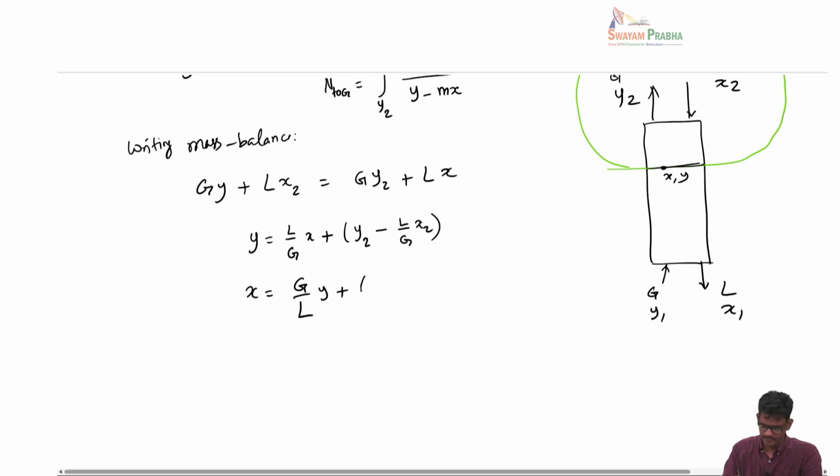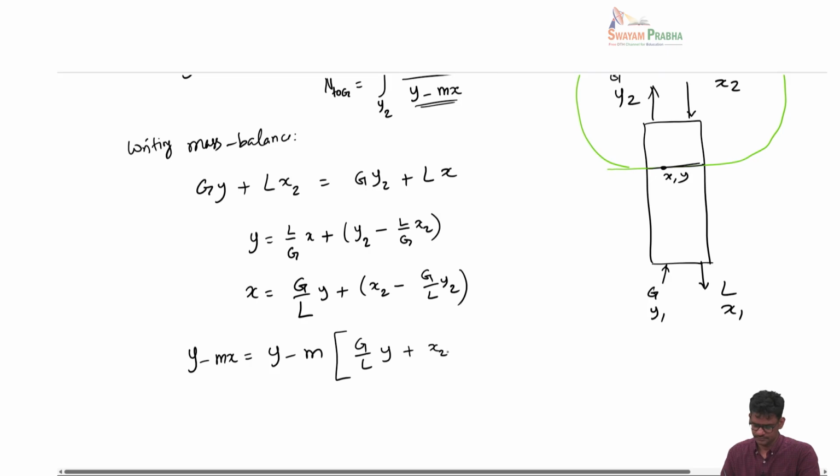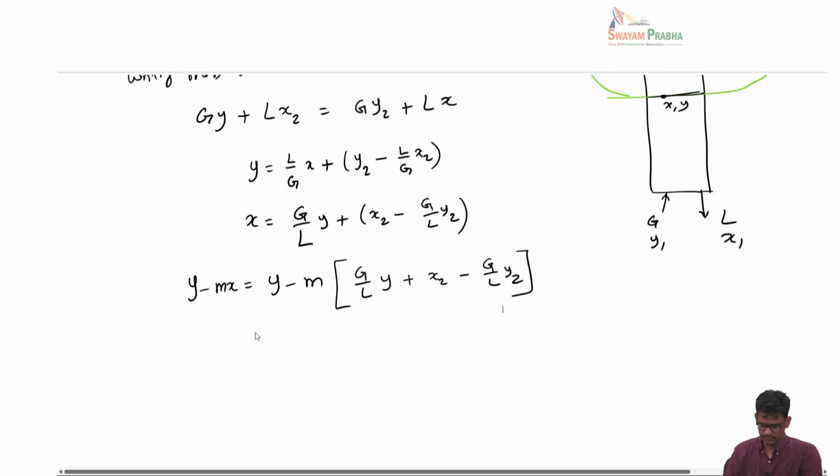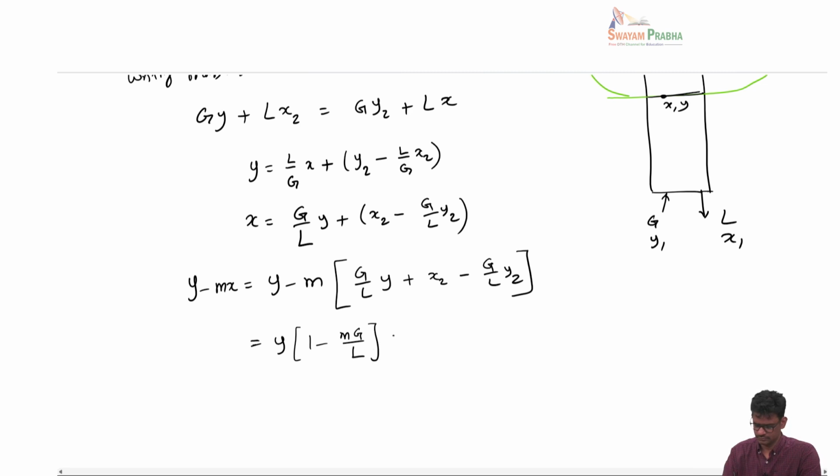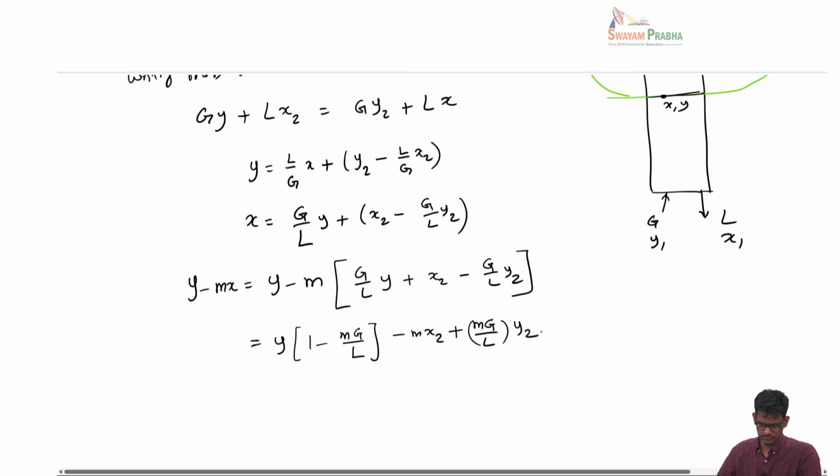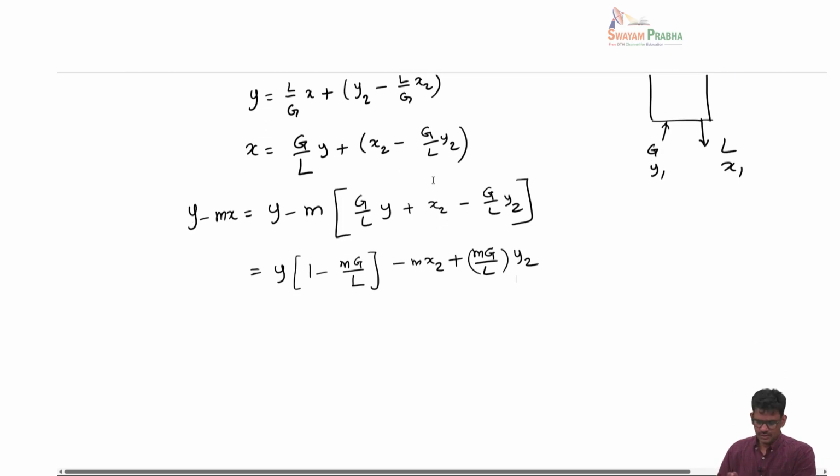x equals G by L y, and so on. So now I can find this expression y minus mx, substituting for x here. So you can see some group of terms are coming up.